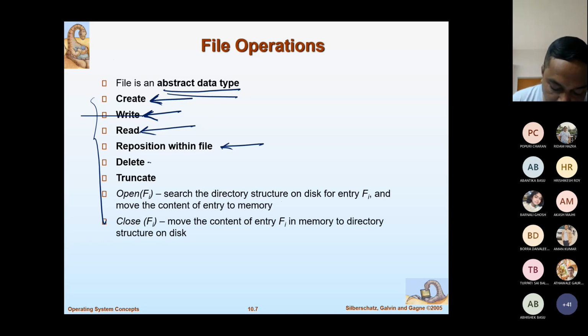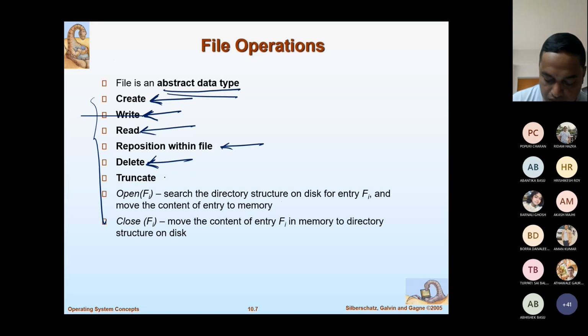Delete: you want to delete the entire file from the hard disk. Maybe in C drive you have a directory, and in that directory you have a subdirectory, and that subdirectory may contain a file, and that you want to delete. So, this operation.